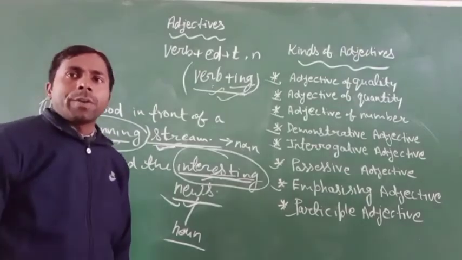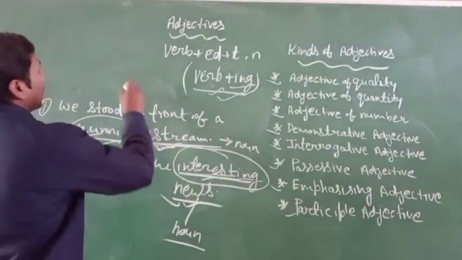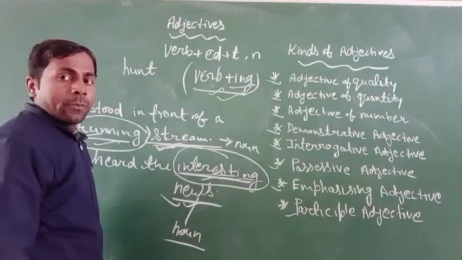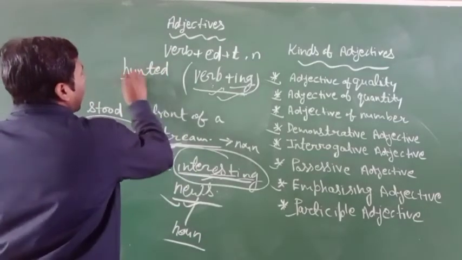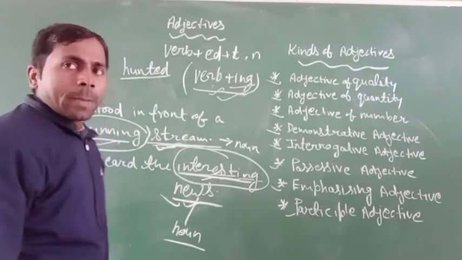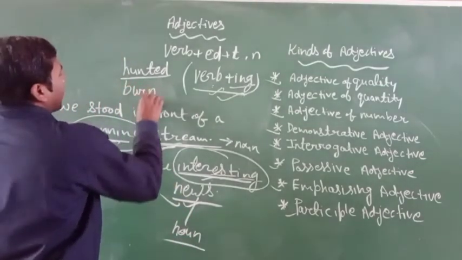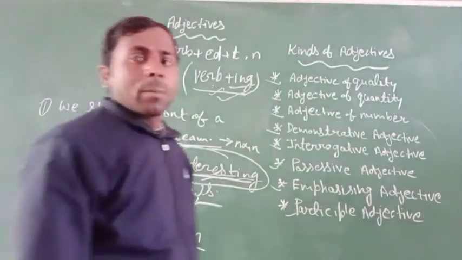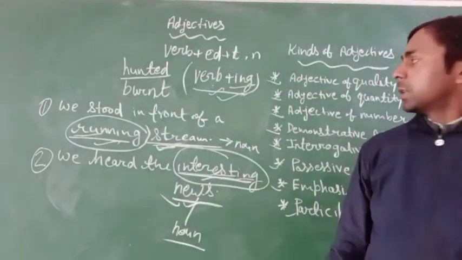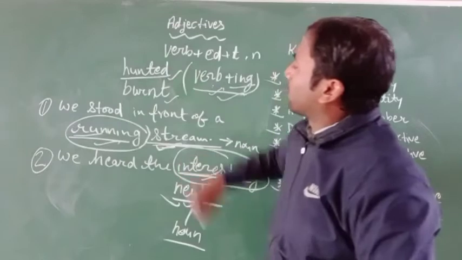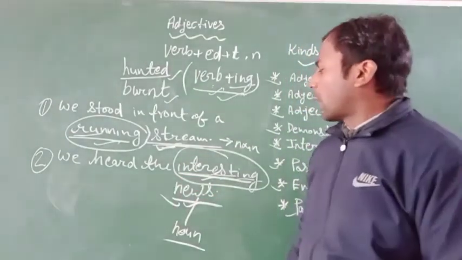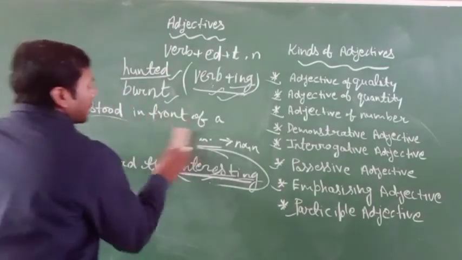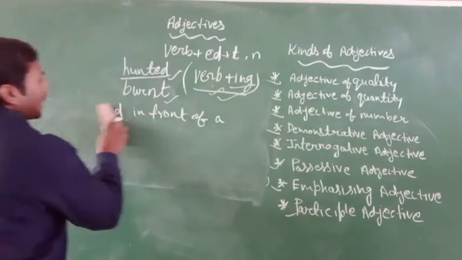Like hunt: when you add ed, it becomes hunted. Same as burn: when you add t, it becomes burnt. So this is the past participle form, and when we use it in a sentence as an adjective, it is called a participle adjective.